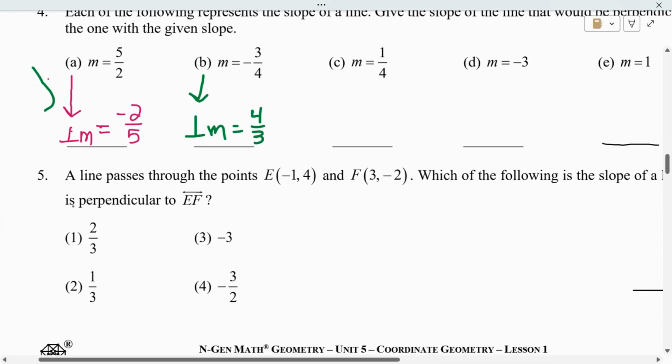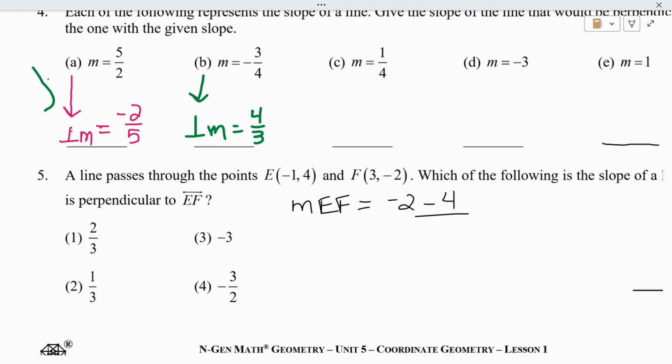Question number 5, a line passes through points E and F. Which of the following would be the slope of a line that's perpendicular to EF? So again, we need to find the slope of EF. So I have y sub 2, which is negative 2, minus y sub 1, which is 4, over x sub 2, which is 3, minus x sub 1, which is negative 1.